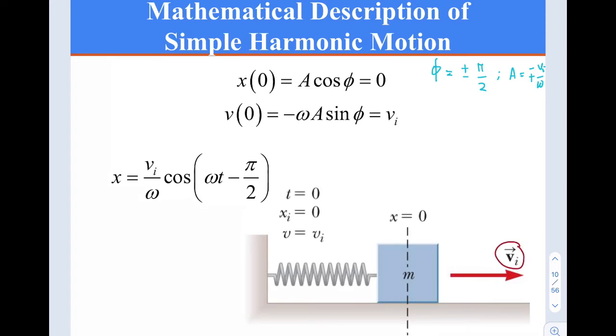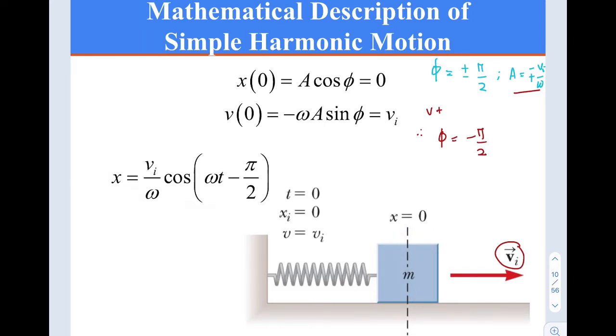And the phi must be in the opposite direction. If the V is to be positive from this equation, then your phi is going to be negative pi over 2. Then it will satisfy the condition given in this situation.